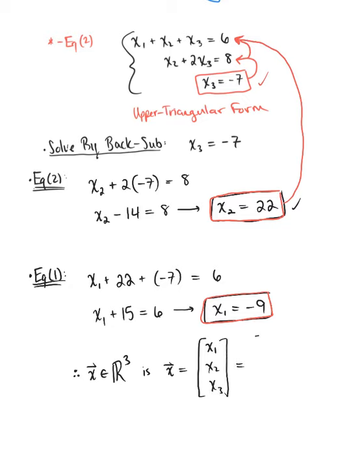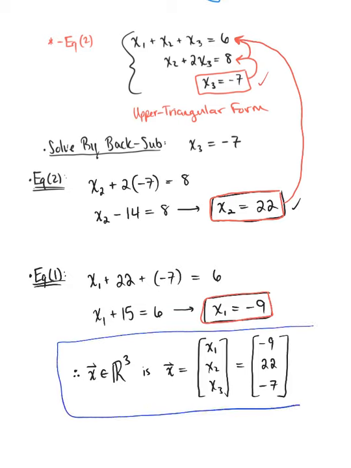And this is going to be equal to negative 9, 22, negative 7. And so this is our beautiful final answer to the system. And now what's great about algebra is that we can always check our work. So let's go ahead and make sure that this is, in fact, the correct answer to our system.